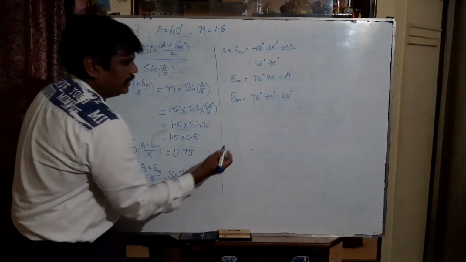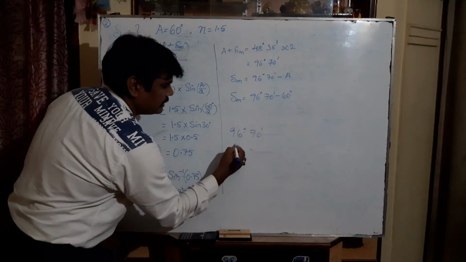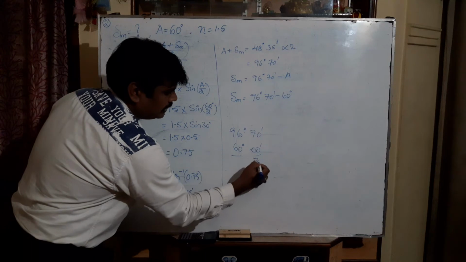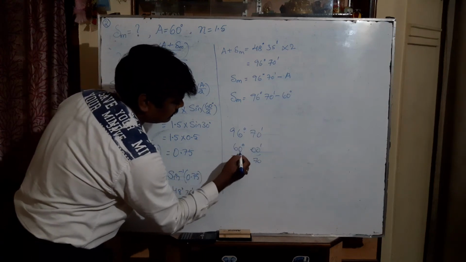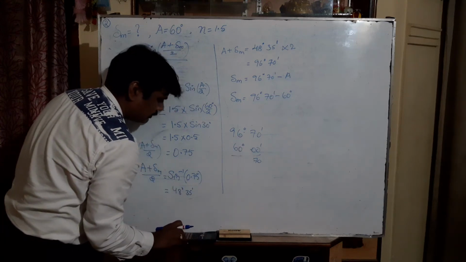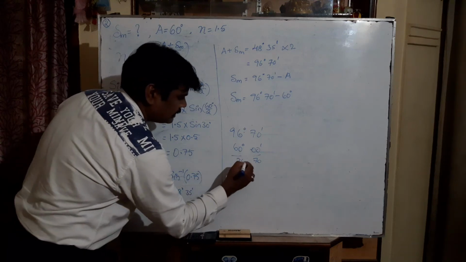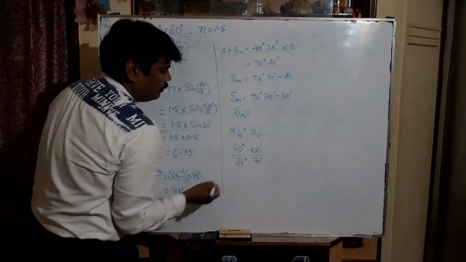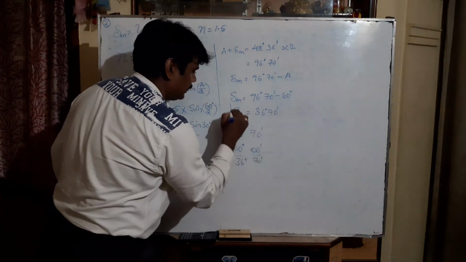So we subtract like this: 70 minus 0 is 70, and 96 minus 60 is 36. So the angle of minimum deviation becomes 36 degree 70 minutes.